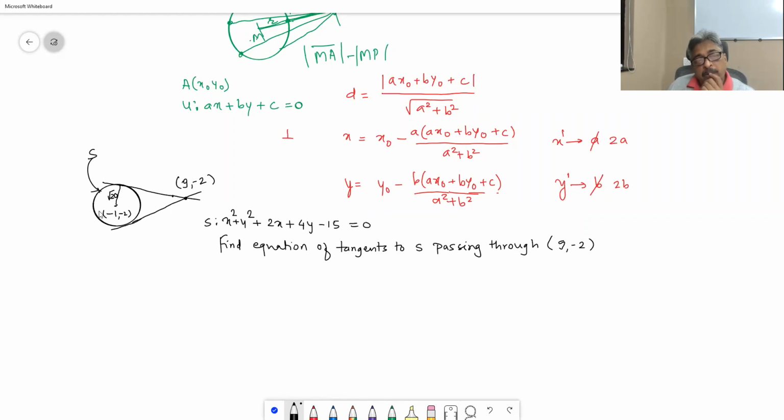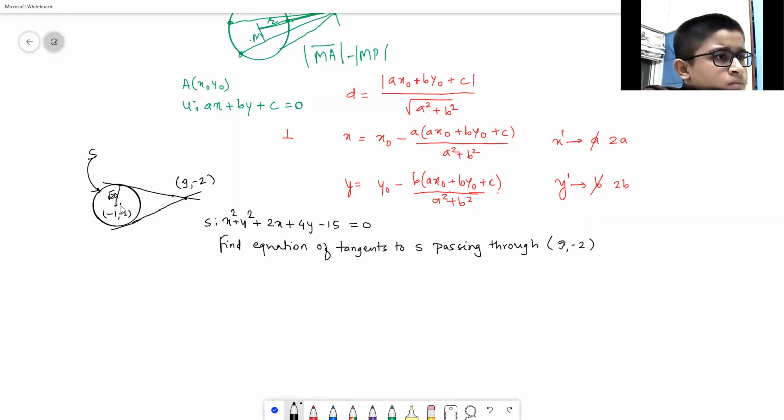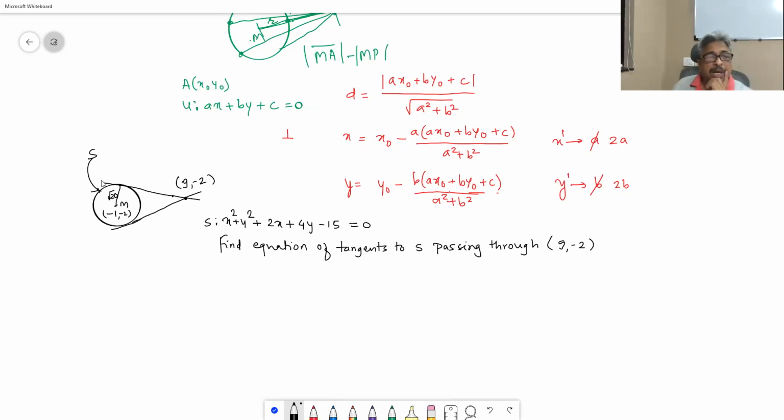Is that right? Root 20 is the radius of the circle. So the situation is, how much distance away is the center from this line? L1 is one tangent and L2 is another tangent.